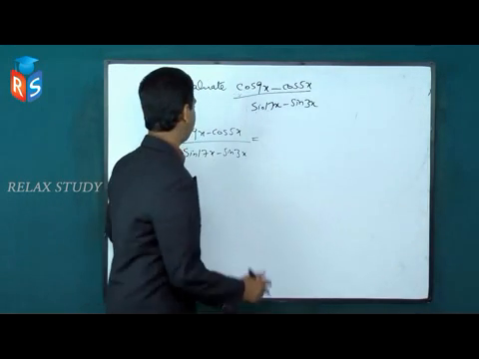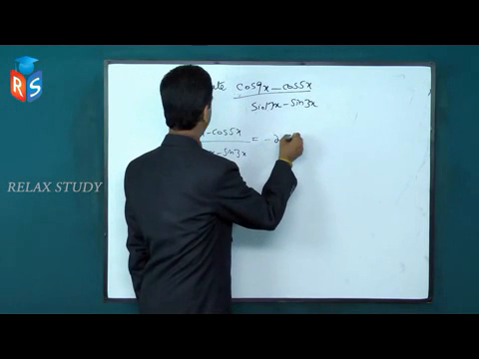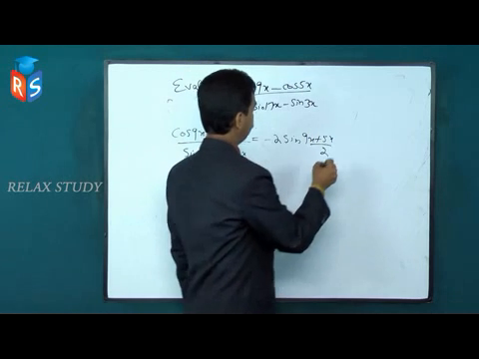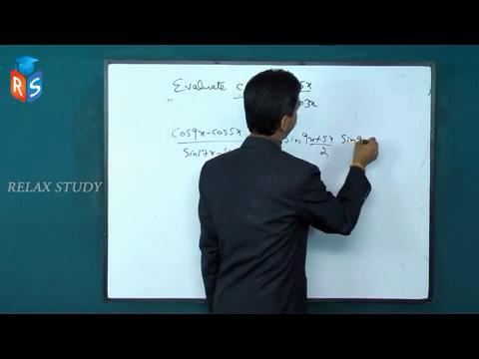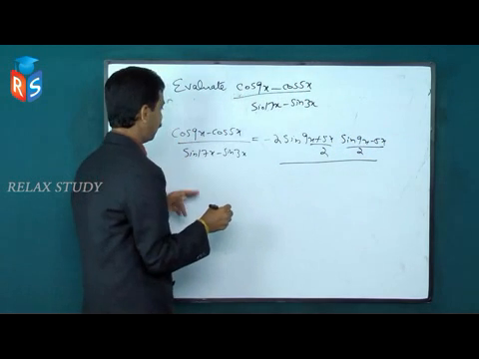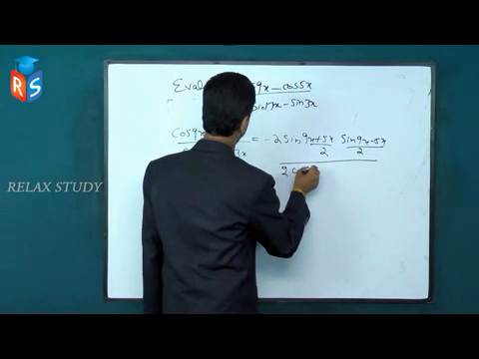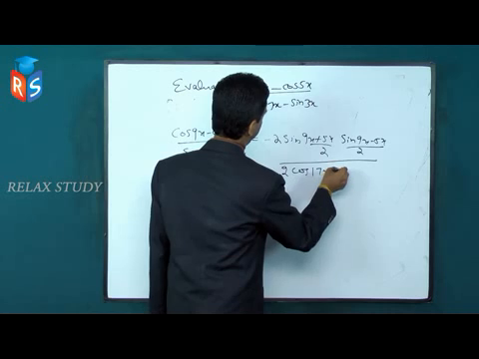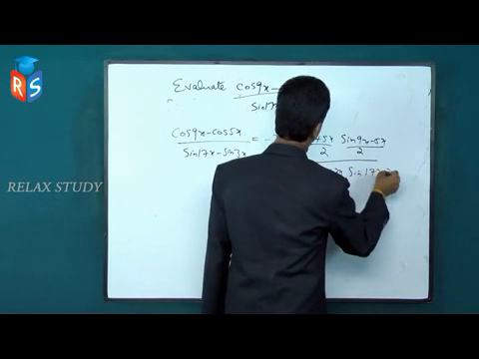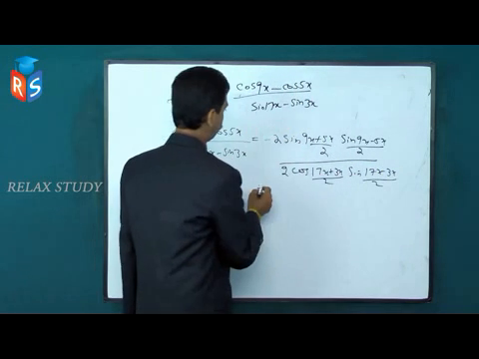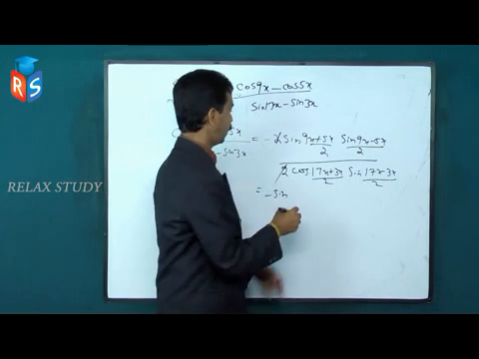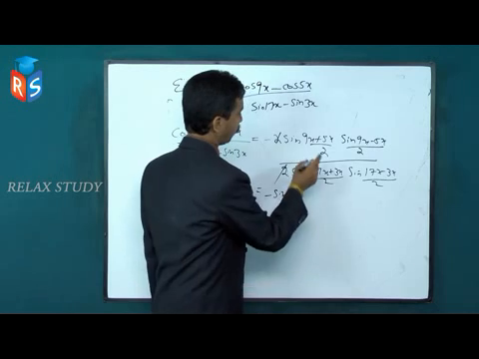So applying the results here, −2 sin((9x + 5x)/2) sin((9x − 5x)/2), and the denominator 2 cos((17x + 3x)/2) sin((17x − 3x)/2). So the answer is −sin 14x sin 2x over cos 10x sin 7x.